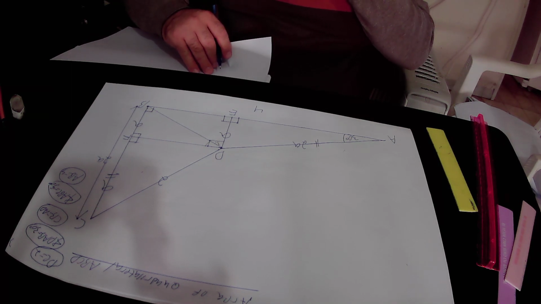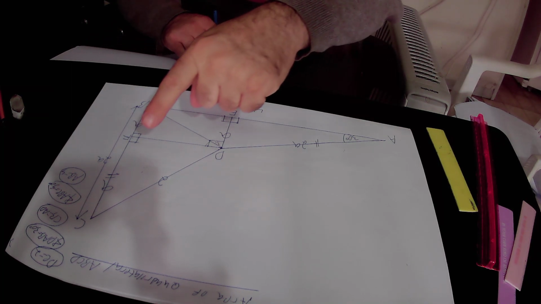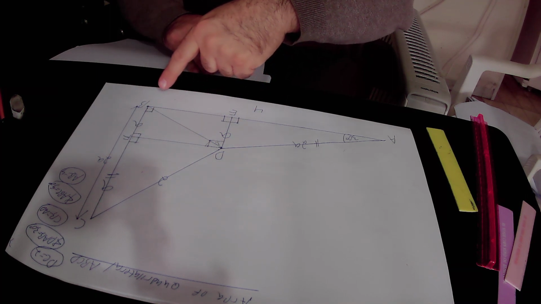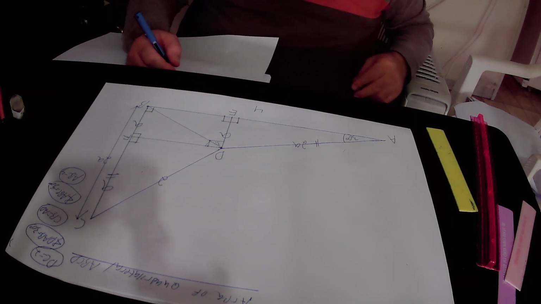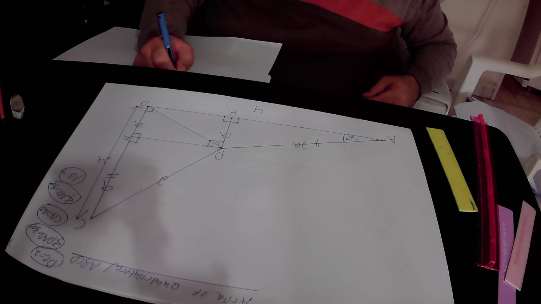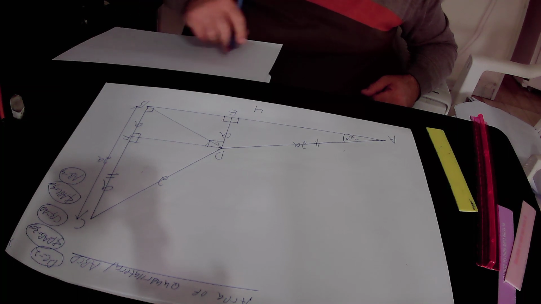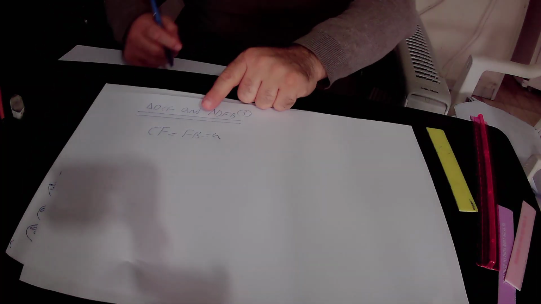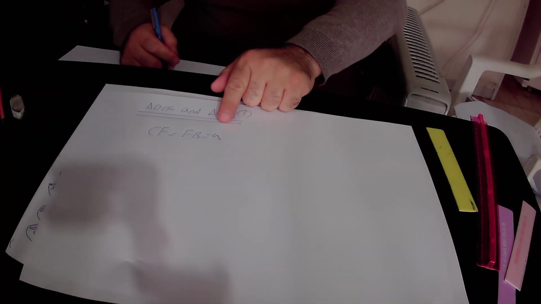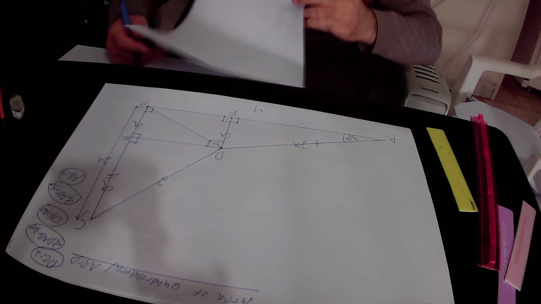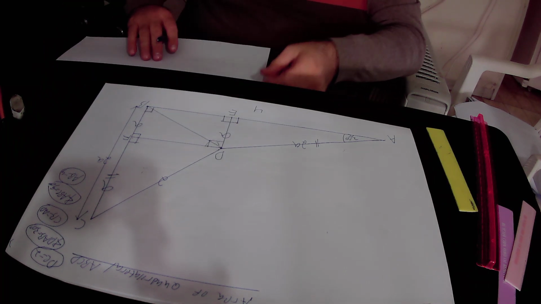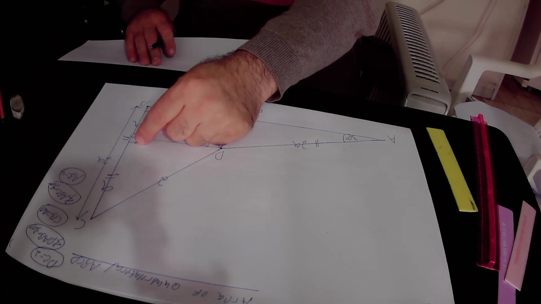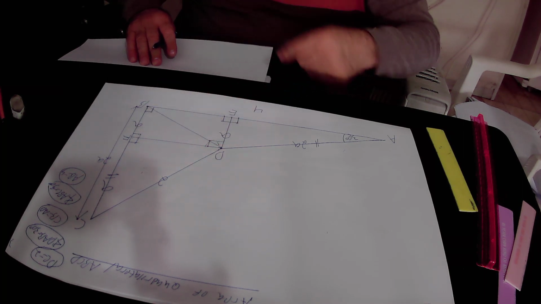So why are those two triangles congruent? First of all, we know that CF equals FB equals A. We also know that those two angles are equal to each other, they are both right angles.